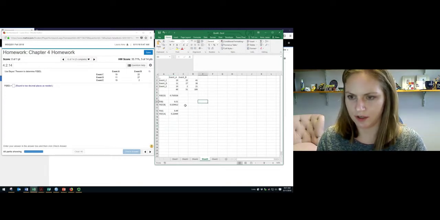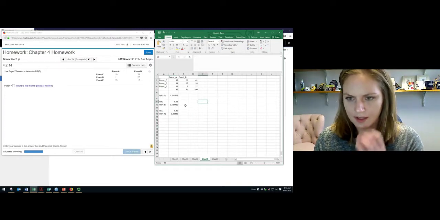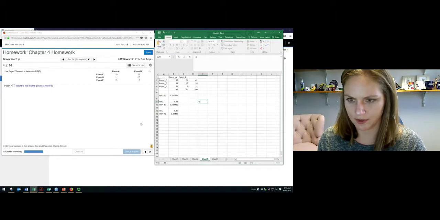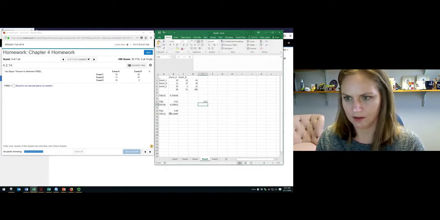What I'm going to show you here is that if I use the product of these two things as my numerator, this is the numerator in Bayes' theorem.